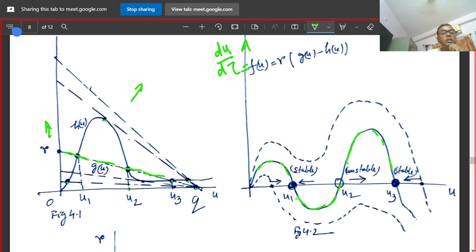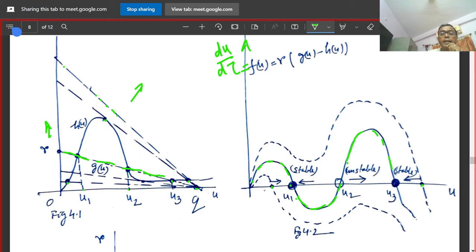And when the straight line is in this position, you get this phase portrait, and the only intersecting point with the u-axis is this stable equilibrium point. When the straight line is in the lowest position, you get only one intersecting point at u1, and u1 shifts to this point, so you get this curve with the only intersecting point u1, which is also stable.